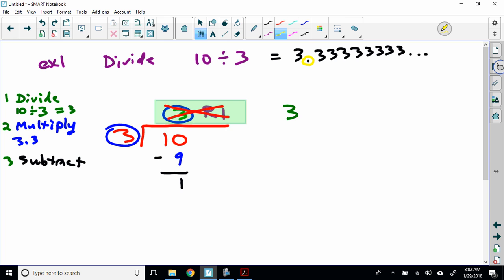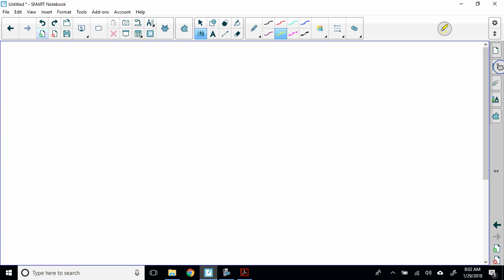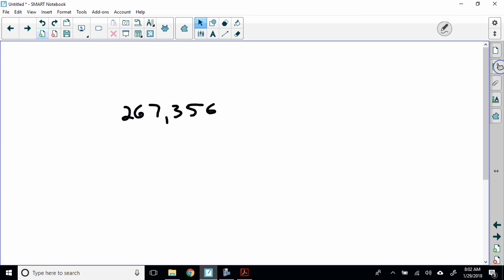Last week, I had my advanced students try to read this number, and I had a prize for somebody that could read it. I don't have any prizes today. But they would say 200 and I'd say 267,000 and 267,356.